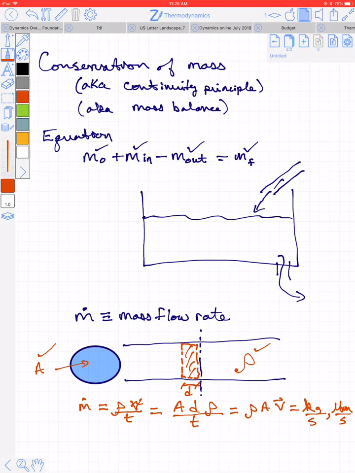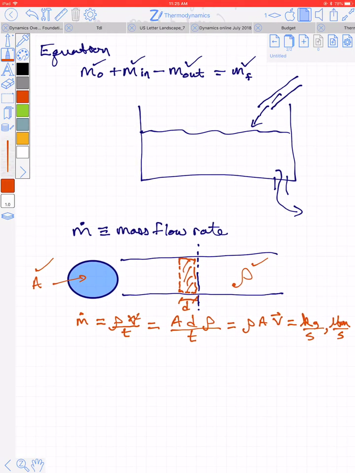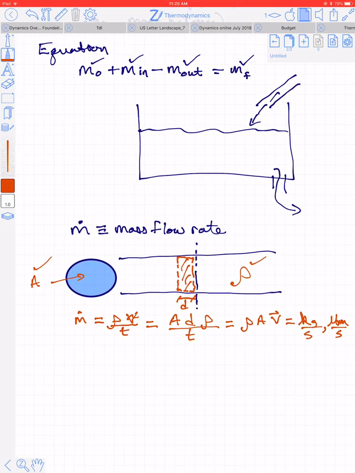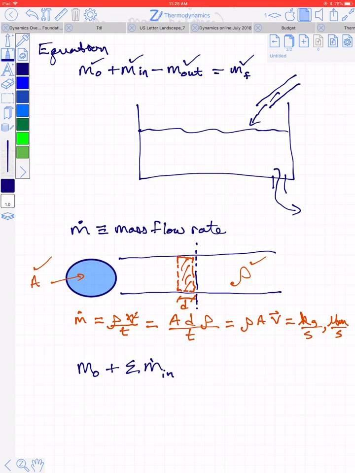Well, this allows me to come back up to my equation for the bathtub, and say, how about if we say the mass initial plus the sum of all mass flow rates in minus the sum of all mass flow rates out equals the mass final. Oh boy, I think we have a unit problem here. For mass we might have kilograms, but for mass flow rate in we have kilograms per second.